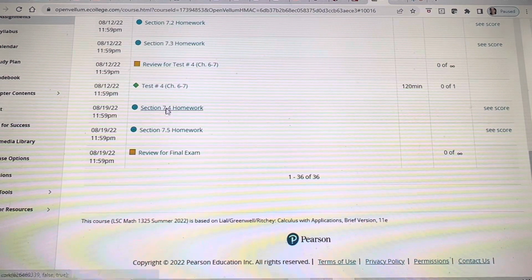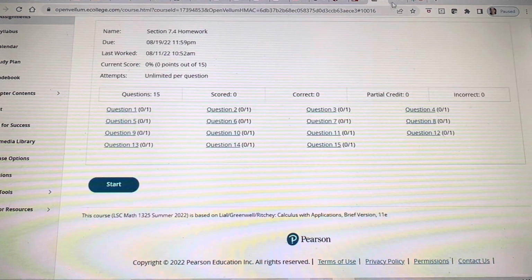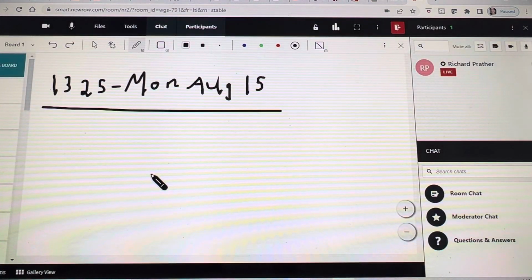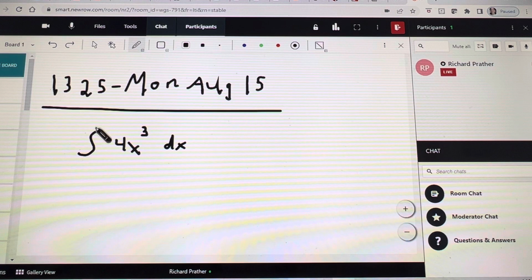So in 7.4, this is the big concept of this third major part of calculus. If you do an indefinite integral of 4x to the third dx, it's indefinite when you don't put any numbers here.